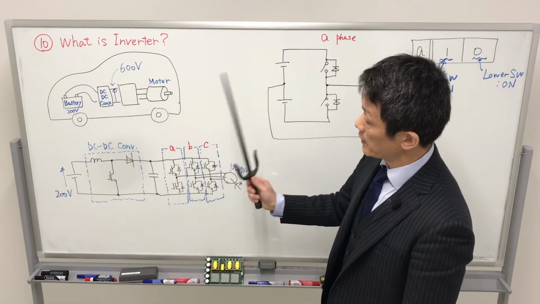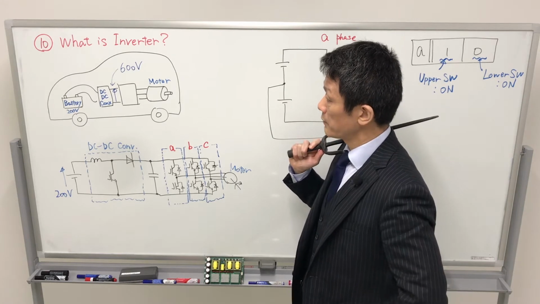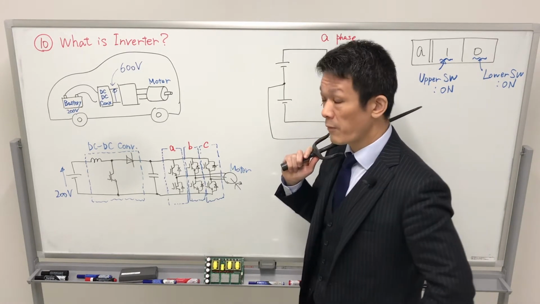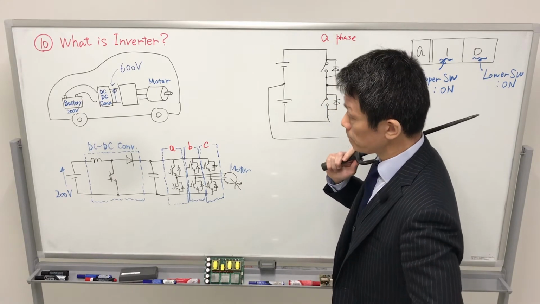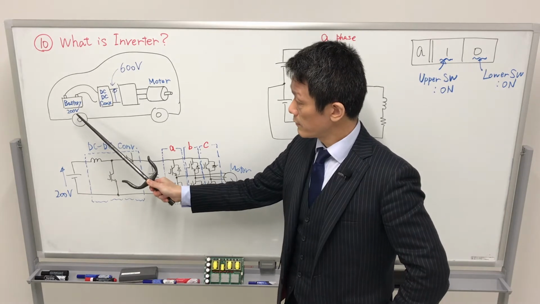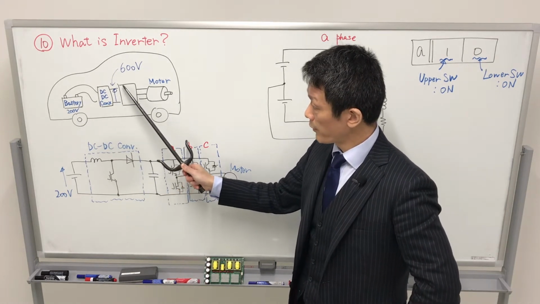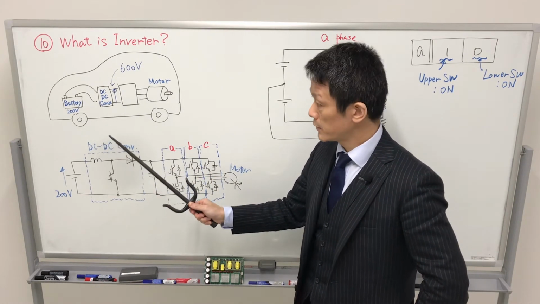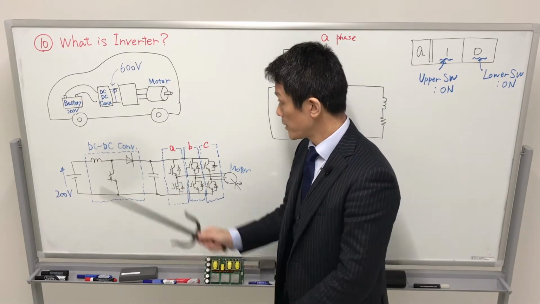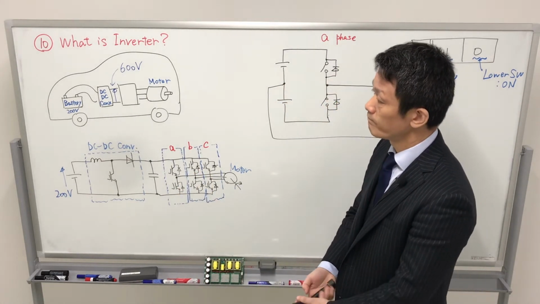Obtained after the DC-DC converter, the output side is 600 volts DC. So that means the DC-DC converter, boost chopper.